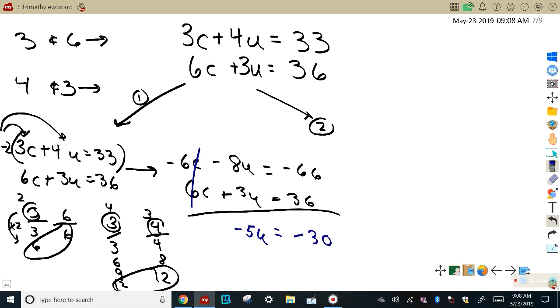And then from there, it should be almost automatic. Divide both sides by negative 5, and then you get u is equal to 6. Okay? Once I have u is equal to 6, what would I do? I have to figure out my c. How could I figure out c?